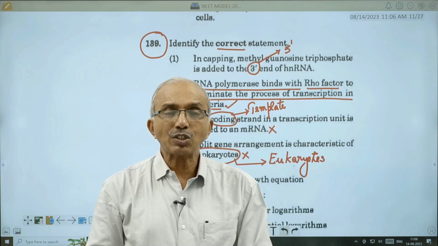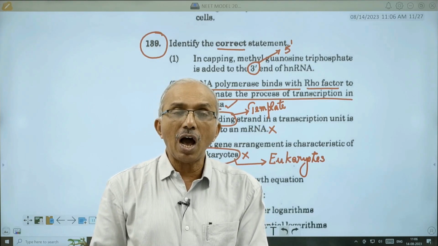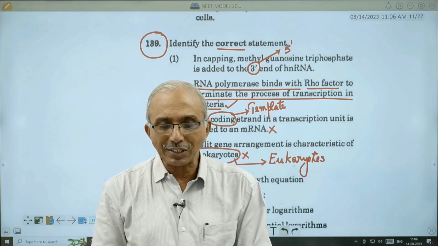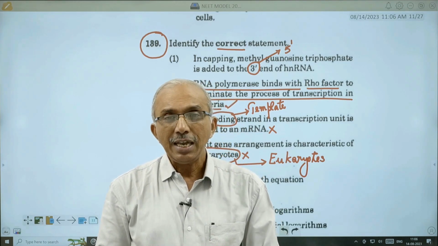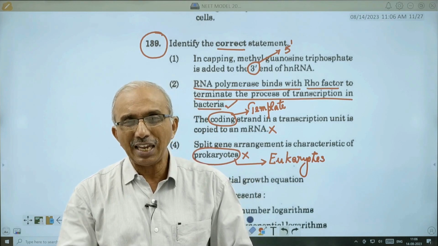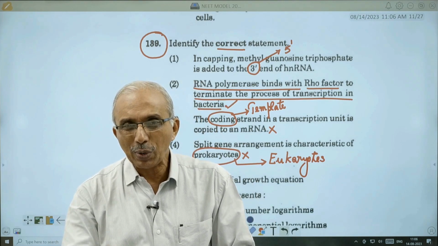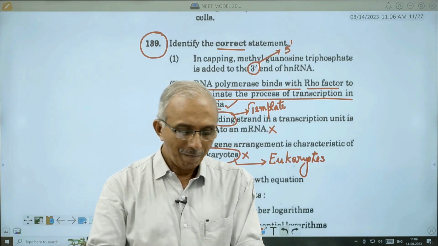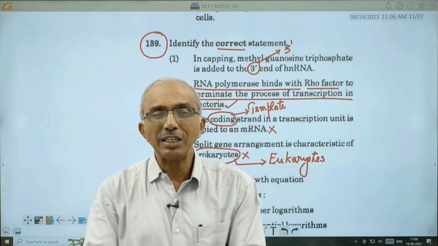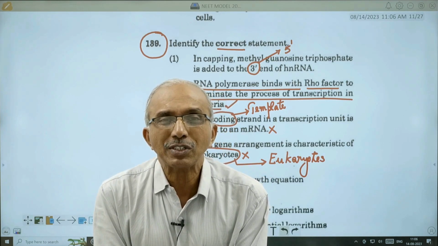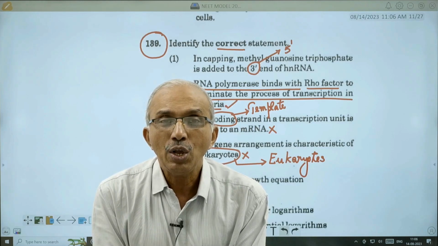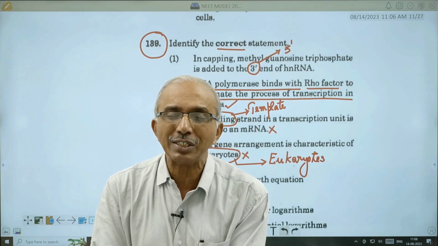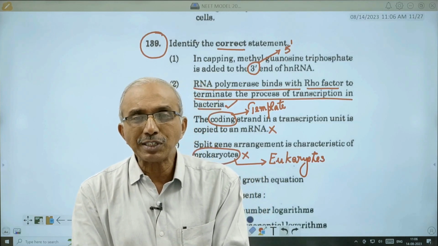Exons are coding sequences and they are present in the mature mRNA. Introns are non-coding sequences and they are absent in mRNA.